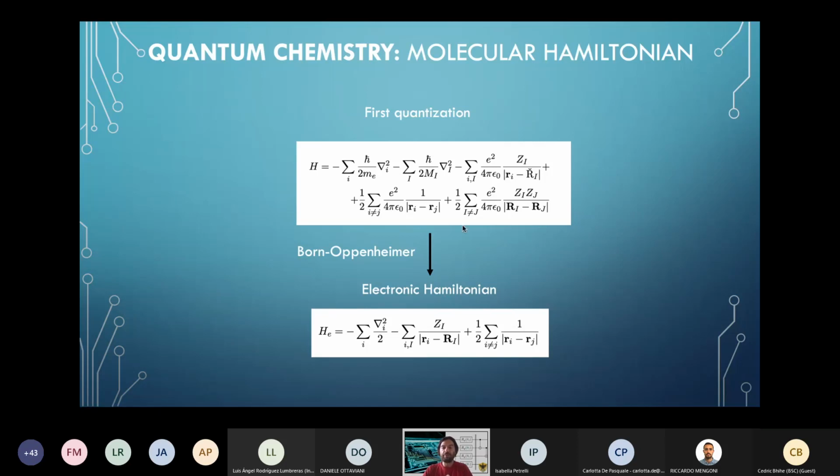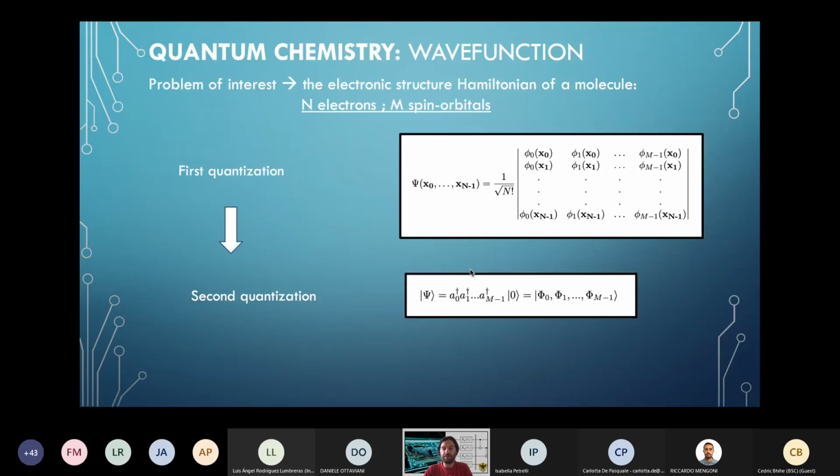Okay, so this part will be a bit hard, maybe, for people who are not in physics or chemistry. Electrons turn out to be fermions, and fermions need a fully antisymmetric wave function. Usually a fully antisymmetric wave function is described by a Slater determinant, because determinants are fully antisymmetric objects.